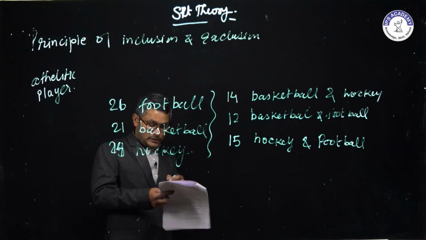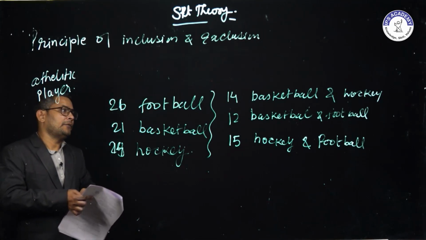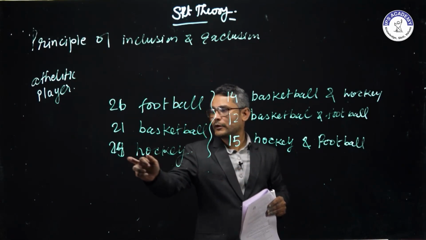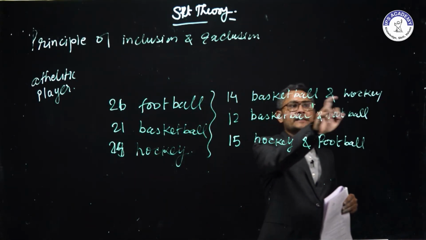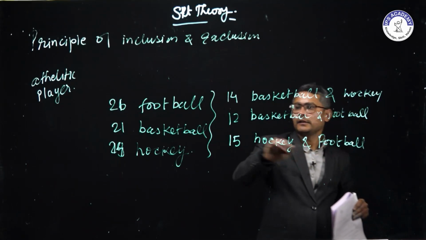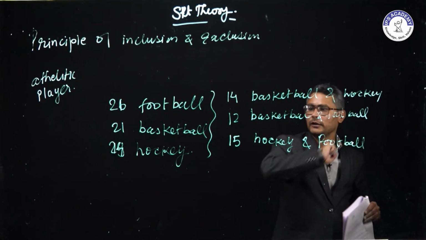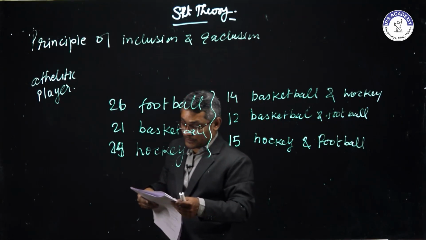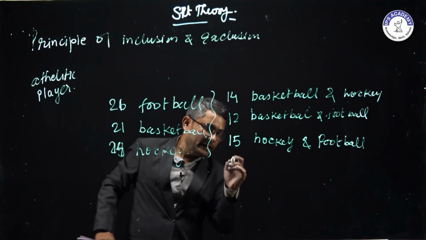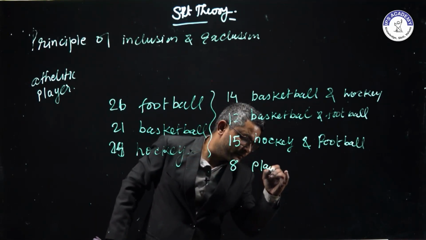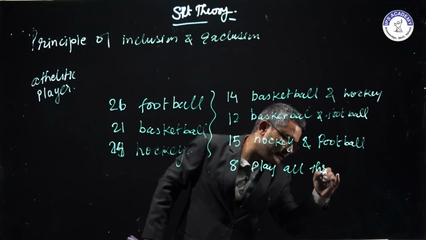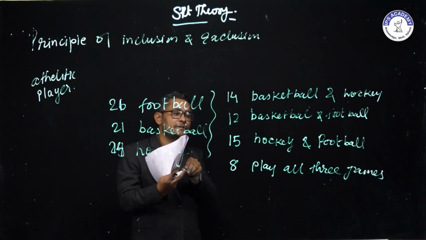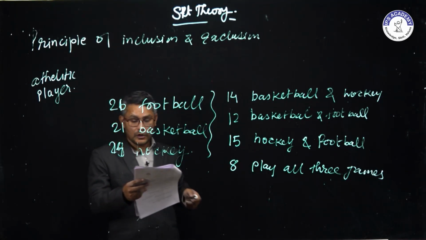So there are different types of players: 26 play football, 21 play basketball, 29 hockey, 14 players play both basketball and hockey, 12 players play basketball and football, 15 players play hockey and football. And 8 play all 3 games: football, basketball and hockey.